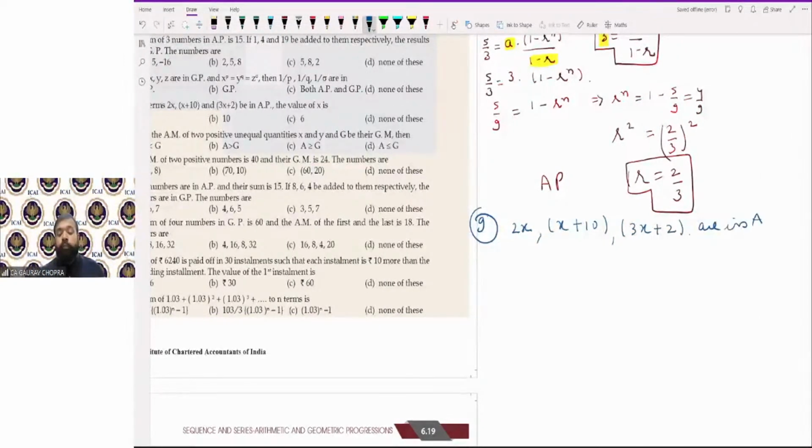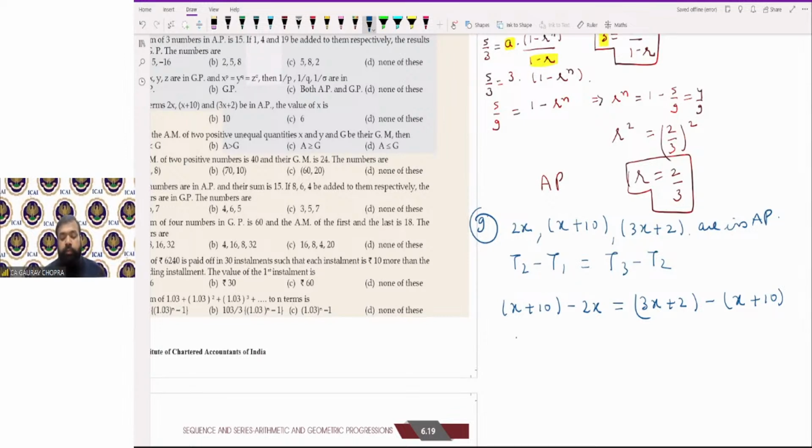So जब भी कोई सीरीज AP में है, there will be a common difference. So T2 minus T1 is equal to T3 minus T2. So there is a common difference. तो इसको सॉल्व करते हैं. x plus 10 minus 2x is equal to 3x plus 2 minus (x plus 10).